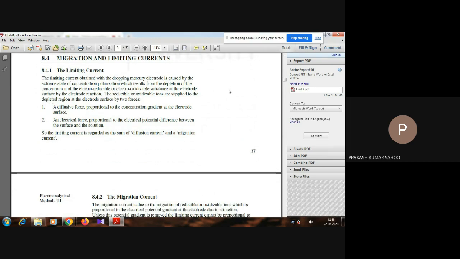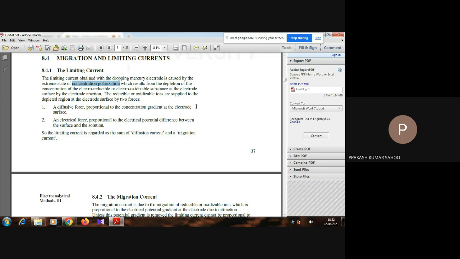The limiting current obtained with the dropping mercury electrode is caused by the extreme state of concentration polarization, which results from the depletion of the concentration of the electro-reducible or electro-oxidizable substance at the electrode surface by the electrode reaction. So the limiting current concept arises when there is concentration polarization.